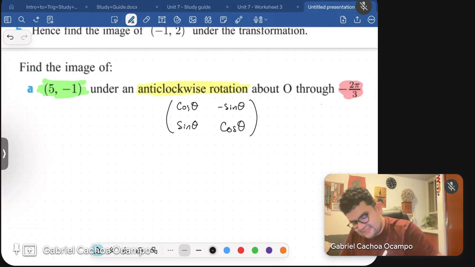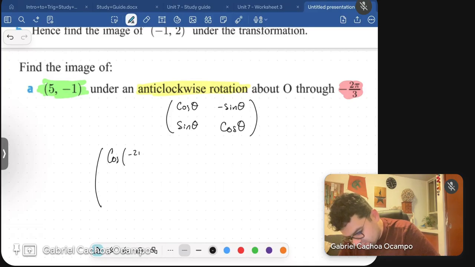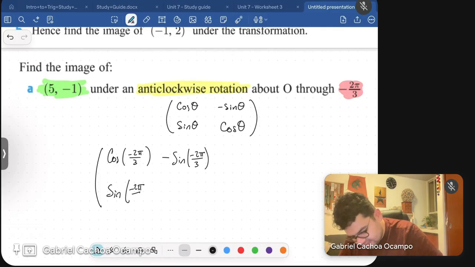My angle is given as negative 2 pi over 3. So my matrix is going to be cosine of negative 2 pi over 3, negative sine of negative 2 pi over 3, sine of negative 2 pi over 3, cosine of negative 2 pi over 3.